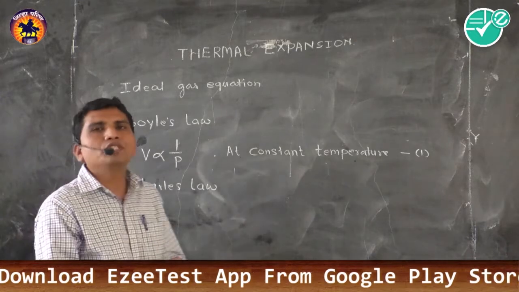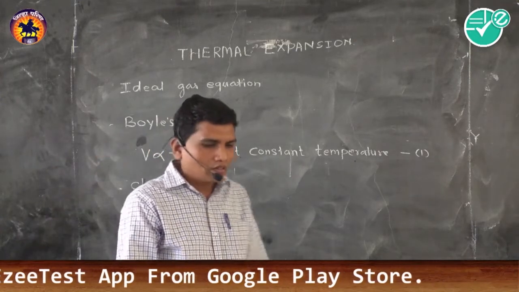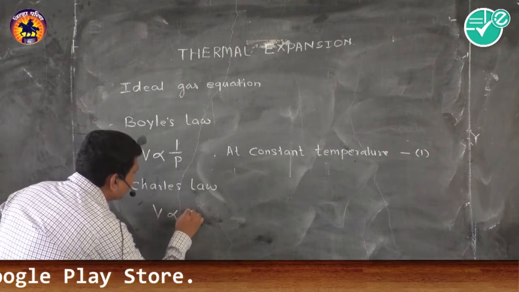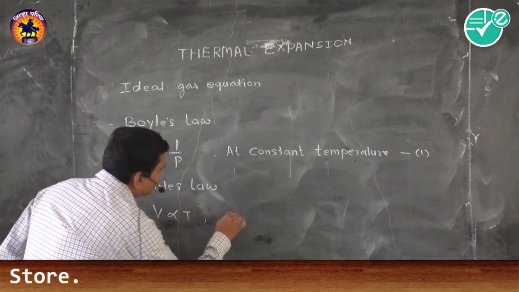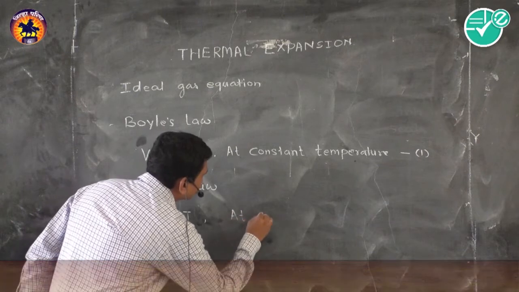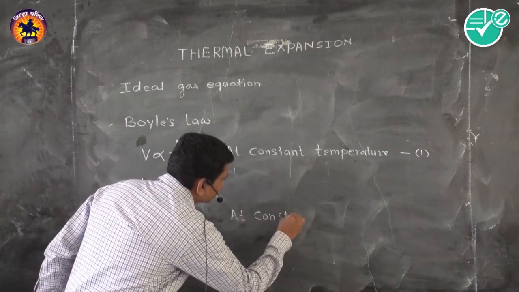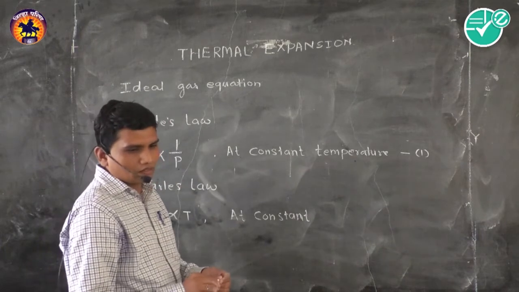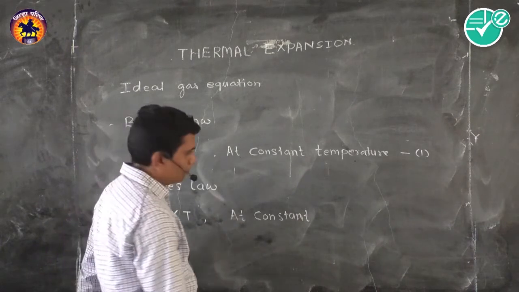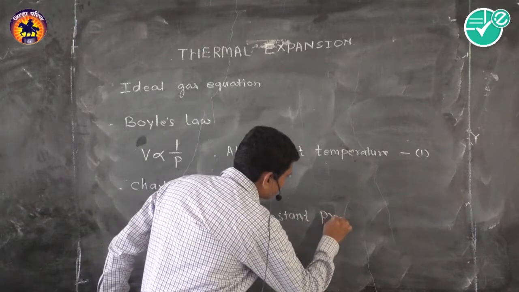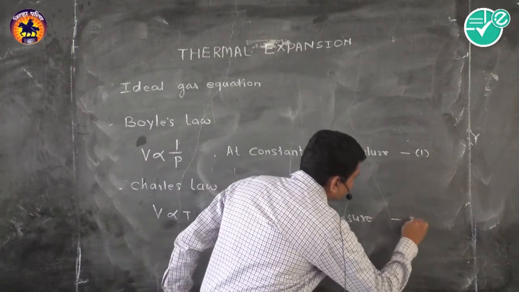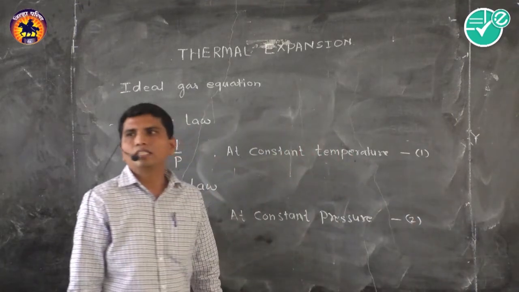The mathematical expression for Charles' law is: V is directly proportional to T at a constant pressure. Let us call this equation number 2.